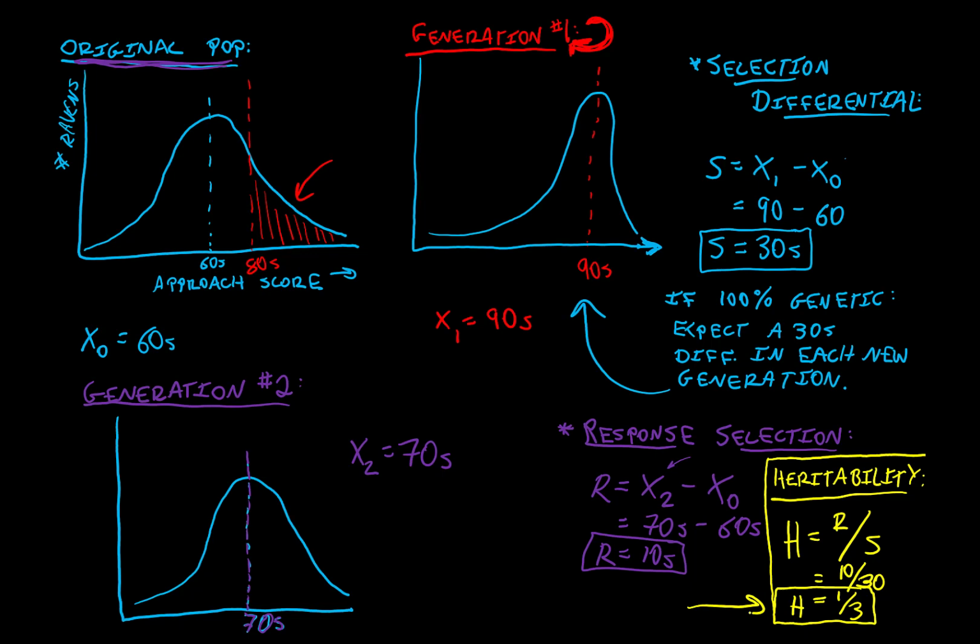So only 1/3 of the variation that you see in approach times is actually genetically controlled. The rest is controlled by something else. So only 1/3 of it is heritable because only 1/3 of it is genetic.